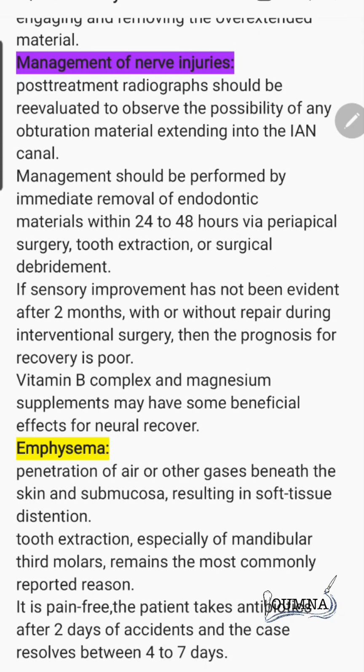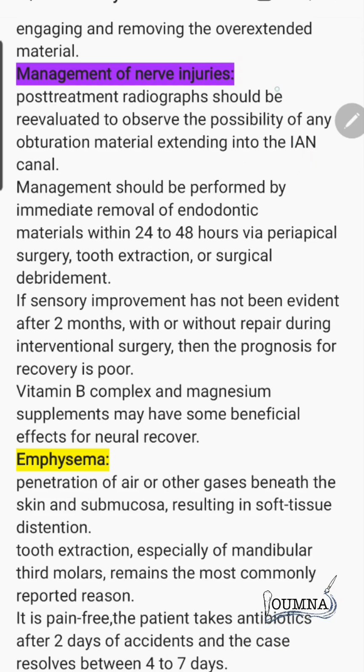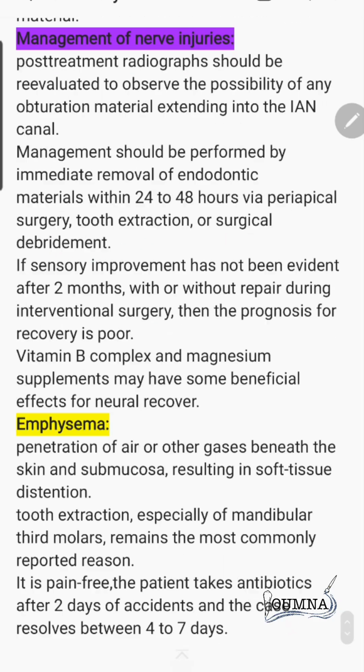Management of nerve injuries. The post-treatment radiograph should be re-evaluated to observe the possibility of an obturation material extending into the inferior alveolar nerve canal. Management should be performed by immediate removal of endodontic materials within 24 to 48 hours via periapical surgery, tooth extraction or surgical debridement.